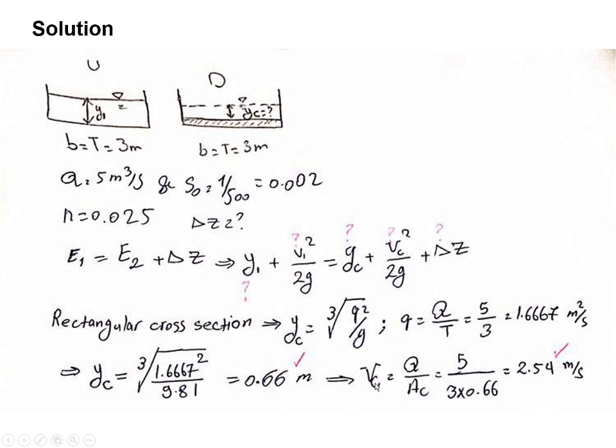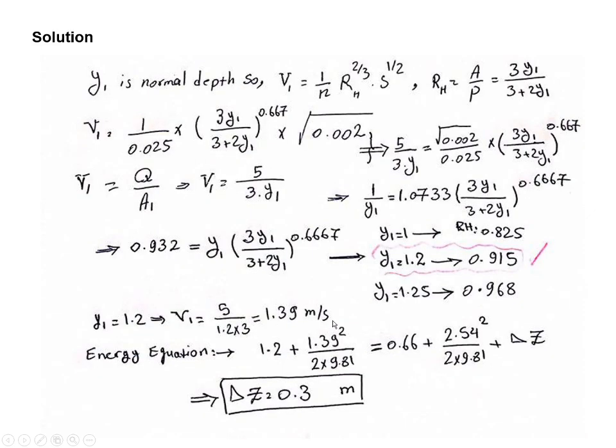So velocity at this downstream section above the hump equals 5 over 3 over bottom width times yc 0.66, and velocity here would be 2.54. One is known, the other is unknown, and let's continue to see how we can find the other unknowns. Our goal is to find delta Z ultimately.